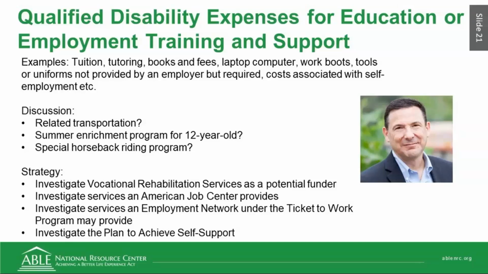If you've got that disability connection, all the better. But again, when I look at this category, and I think of, say, the college student, basic tuition, extra tutoring, books, fees, I believe those are appropriate expenses out of an ABLE account. It's certainly not a frill.